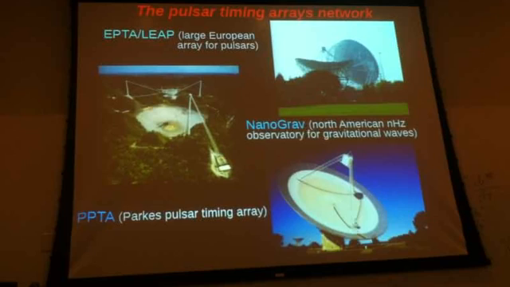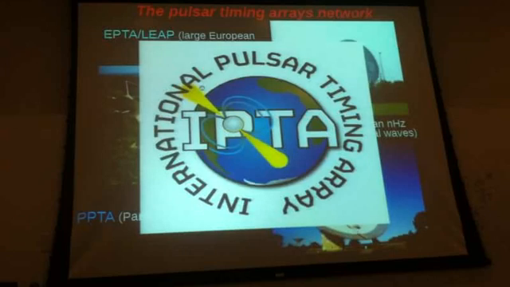There are 3 collaborations: one in Europe, the European Pulsar Timing Array; one in Australia, which is the Parkes Pulsar Timing Array; and one in the US, which is not the US Pulsar Timing Array, because it's actually North America, it's US and Canada, and is NANOGrav, the North American Nanohertz Observatory for Gravitational Waves. Okay, so all these 3 collaborations carry on with their own projects, but they are also united as a big family in the IPTA, the International Pulsar Timing Array.